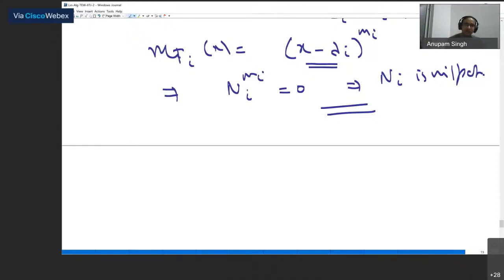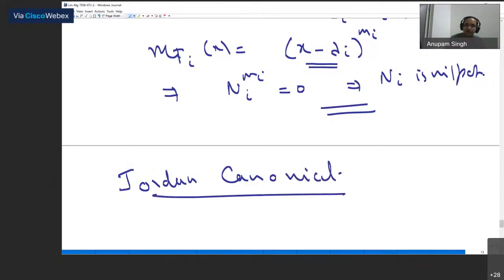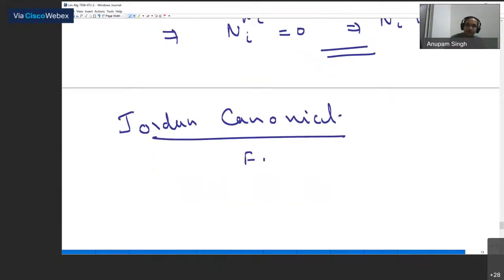as I had commented yesterday, the Jordan decomposition doesn't give you the form of the matrix of T as such. So we have to do better than that, which is what is Jordan canonical form. And Jordan canonical form will write every matrix as, so again, this works for F algebraically closed.